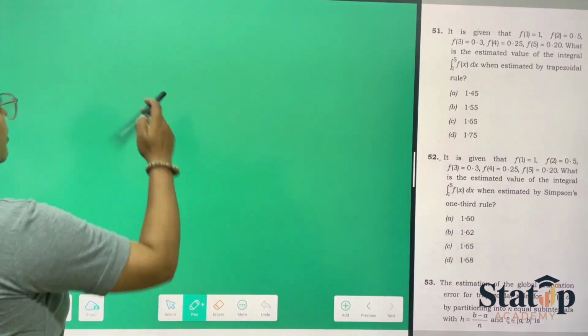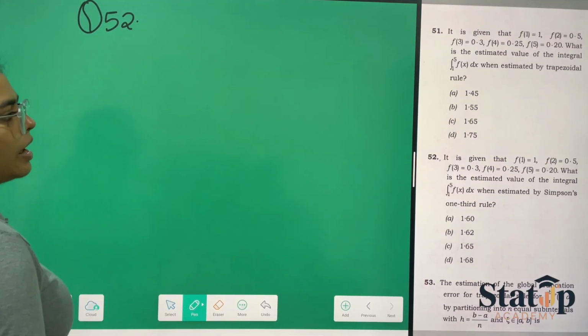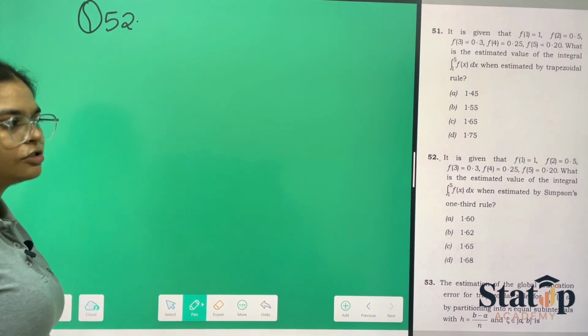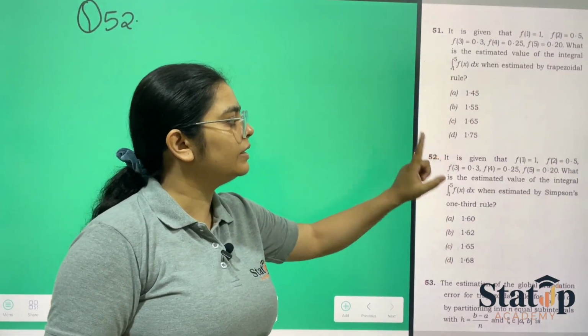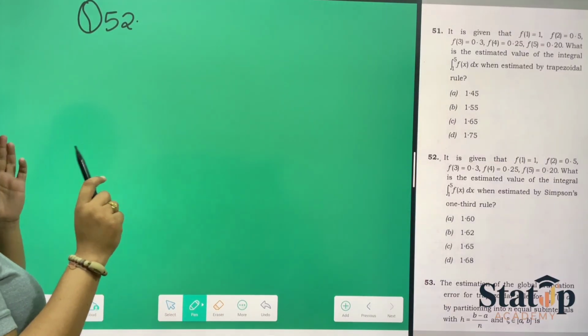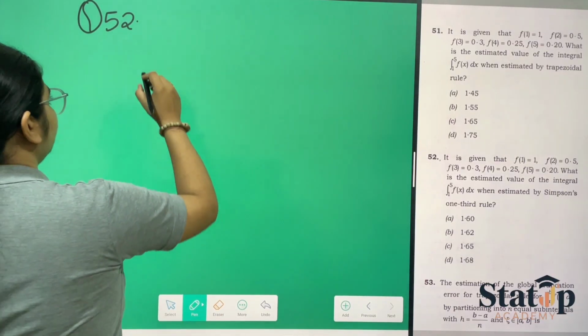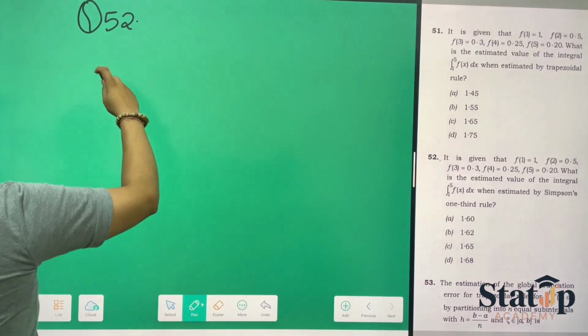Now question number 52, which is just below this question number 51, is again asking for Simpson's rule, and if you see this clearly, then question number 51 has exactly the same values as question number 52. You just have to apply a different formula. So here Simpson's rule, I am not writing it again and again, I am directly solving it.